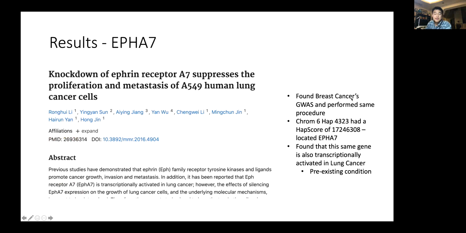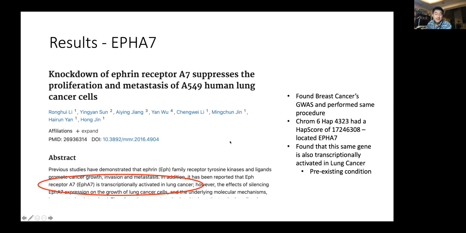After I realized that breast cancer has a correlation with chronic kidney disease, I analyzed breast cancer and I found this gene that is a very big driver for the comorbidity patterns between breast cancer and COVID-19. And this gene, it just so happens, is also transcriptionally activated in lung cancer, which is also a pre-existing condition on the CDC website for COVID-19.